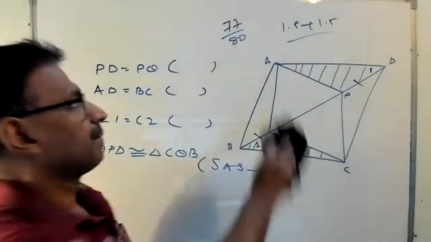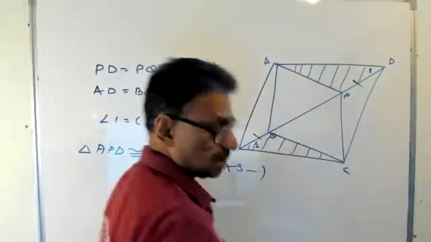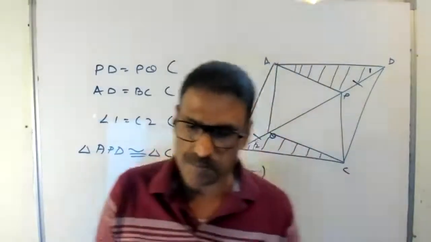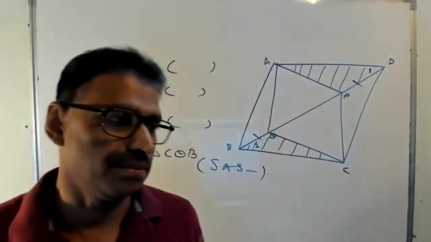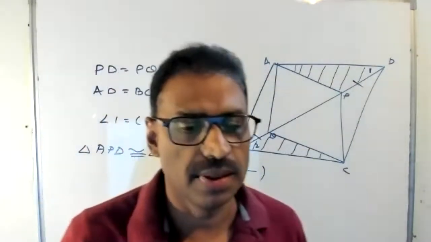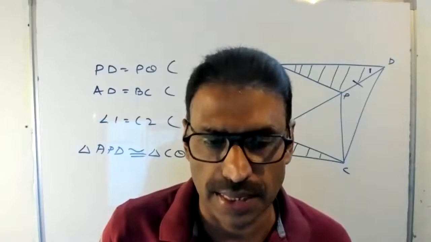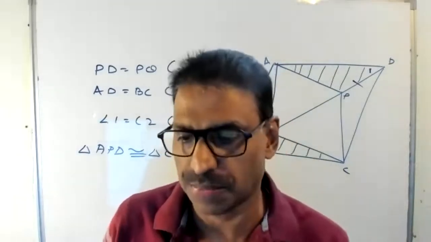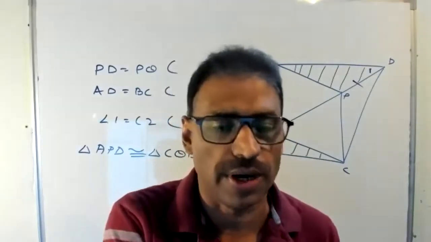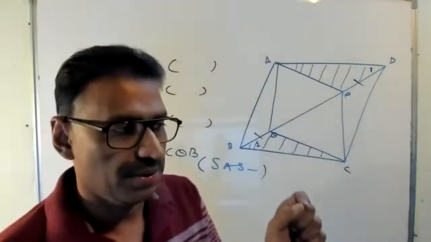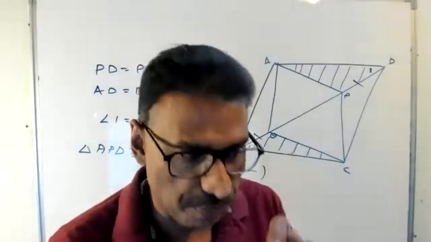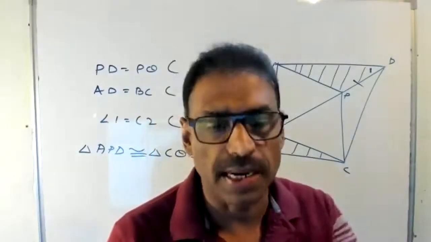Now the steps as per the CBSE. I'm talking about CBSE. I know some of their arguments are stupid, but I am supposed to follow as per the CBSE. So as per CBSE, you have to write what is given, what you have to prove, and a proper figure. 1 mark is there.